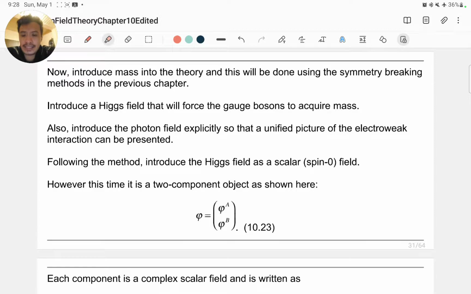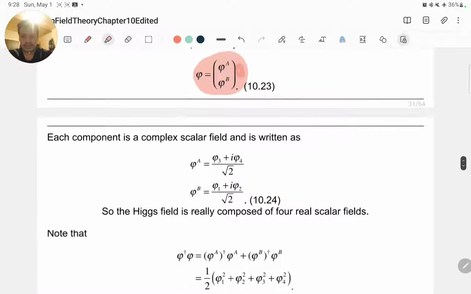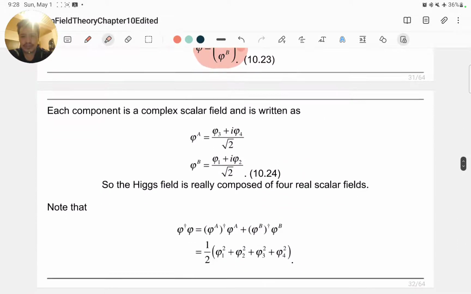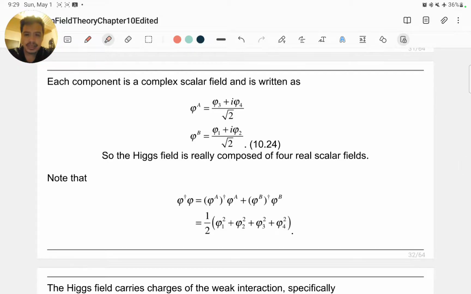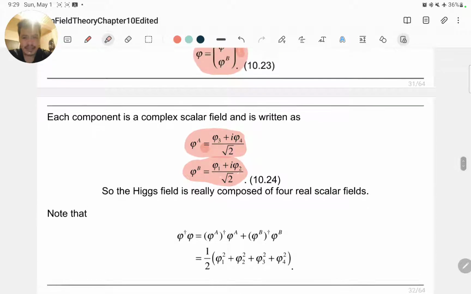However, this time we have to introduce a two-component object, like a spinor, and each component of the field is a complex scalar field, written as phi A and phi B here.